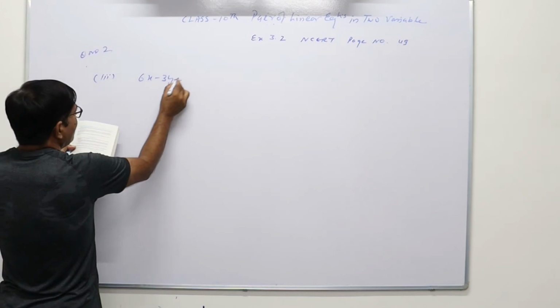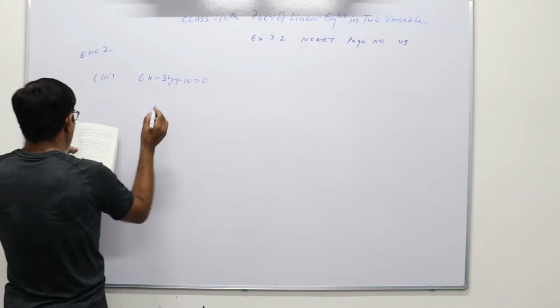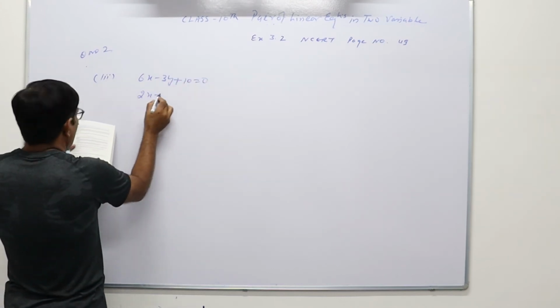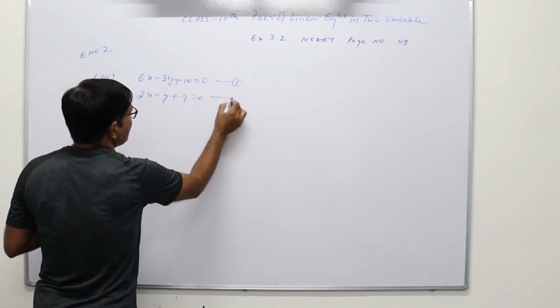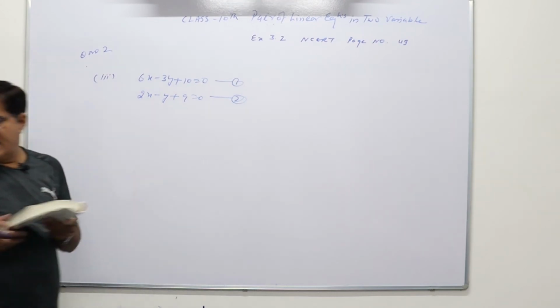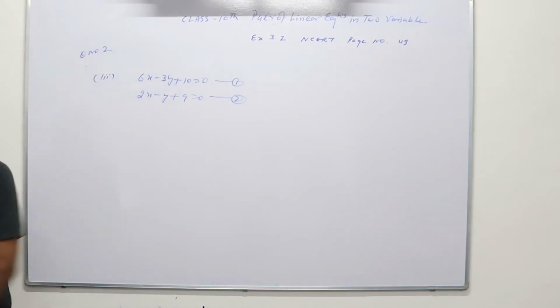6x minus 3y plus 10 is equal to 0. Second equation: 2x minus y plus 9 is equal to 0. This is equation number first and this is equation number second.